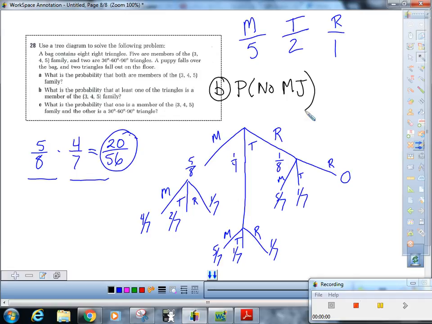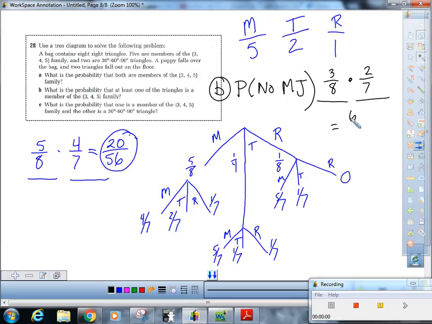What's the probability that we don't select a 3, 4, 5 on our first pull? Class? 3 out of 8, right? And if we didn't select one on our first one, what's the probability that we do not select one on our second one? 2 out of 7? That's not the answer to the question.